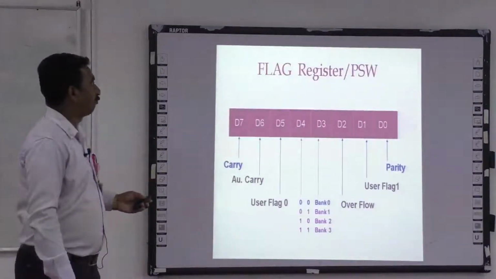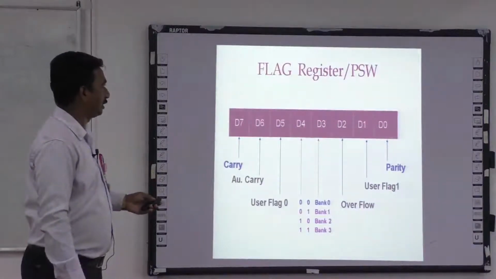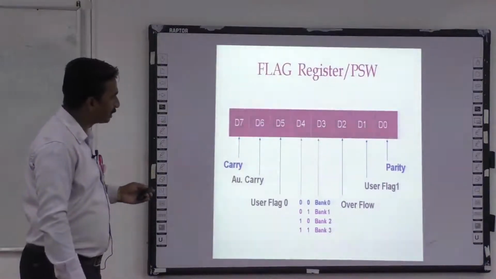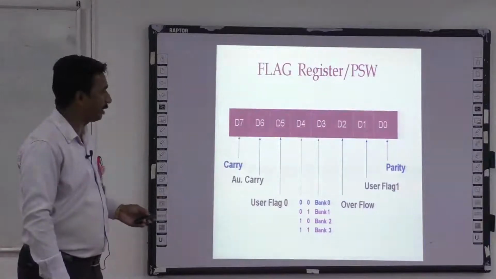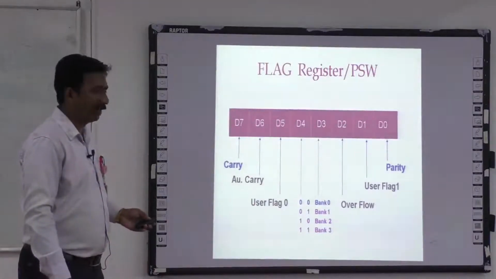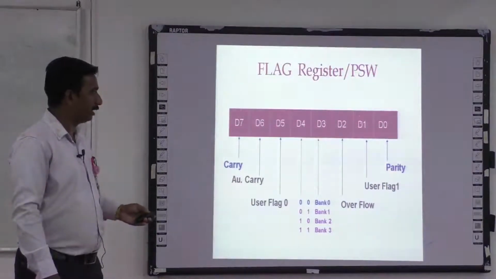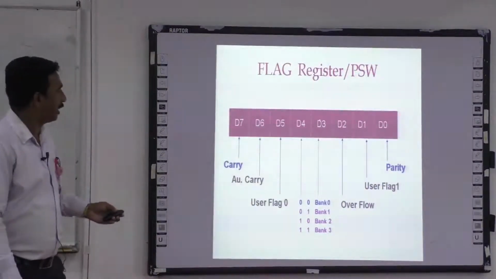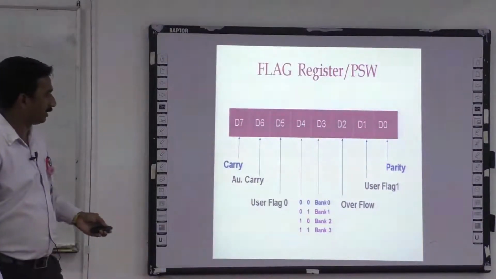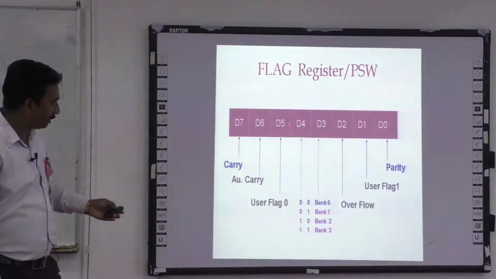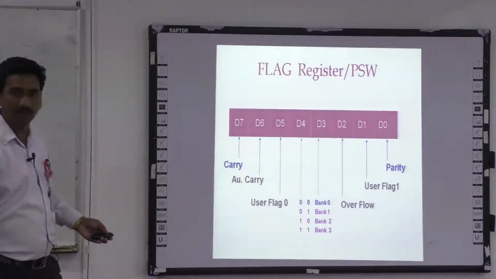And the next one is the flag register PSW. As I said, we can know the status of the microcontroller programming by using this particular register. It starts from D0 to D7. D0 is parity, D1 is user flag, D2 is overflow, and D3 and D4 are the select option. Which bank are we going to select?